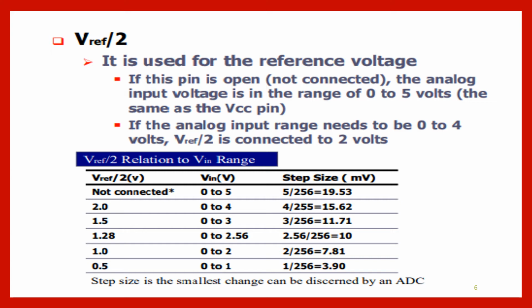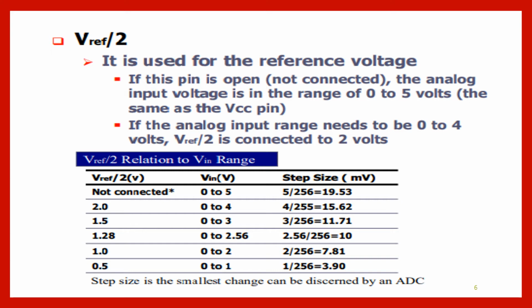This table shows the values associated with Vin and Vref/2, and accordingly the step size in millivolts. If it is not connected, you get 0 to 5 volt, 5 divided by 256, approximately 19.53 millivolts. If Vref/2 is 2 volt, then it is used in the range of 0 to 4 volt exactly, therefore it is 4 divided by 255, approximately 15.62 millivolts.